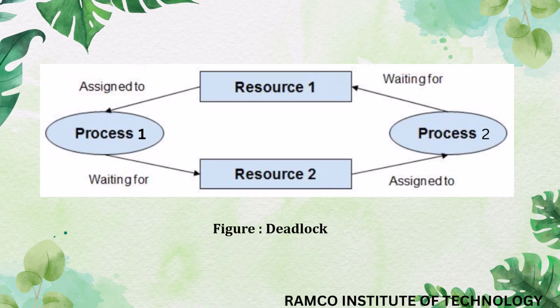In second case, the process 2 is waiting for the resource 1, but the resource 1 is assigned to process 1. So this shows the circular wait situation in this system. So here none of the processes can be executed because these two processes are waiting for each other to release the resources. This situation is called deadlock.